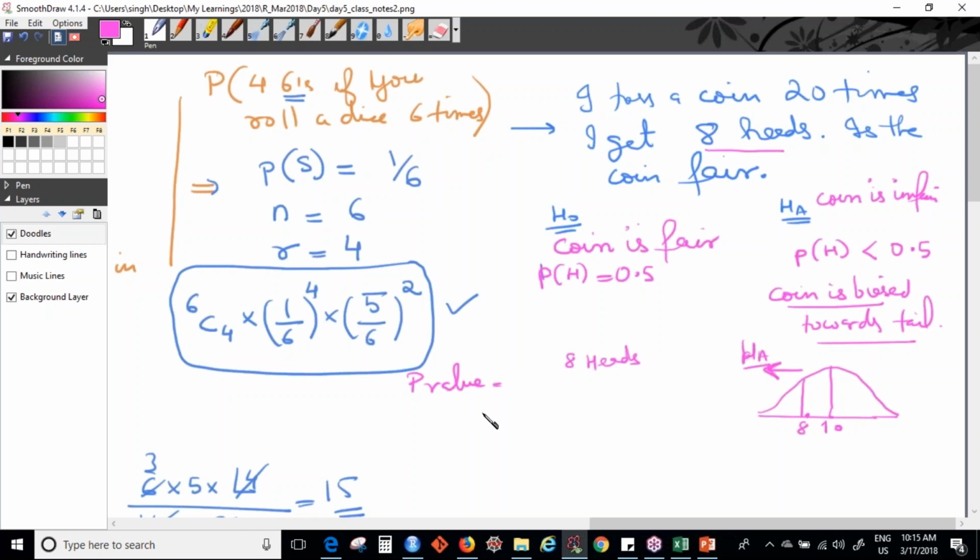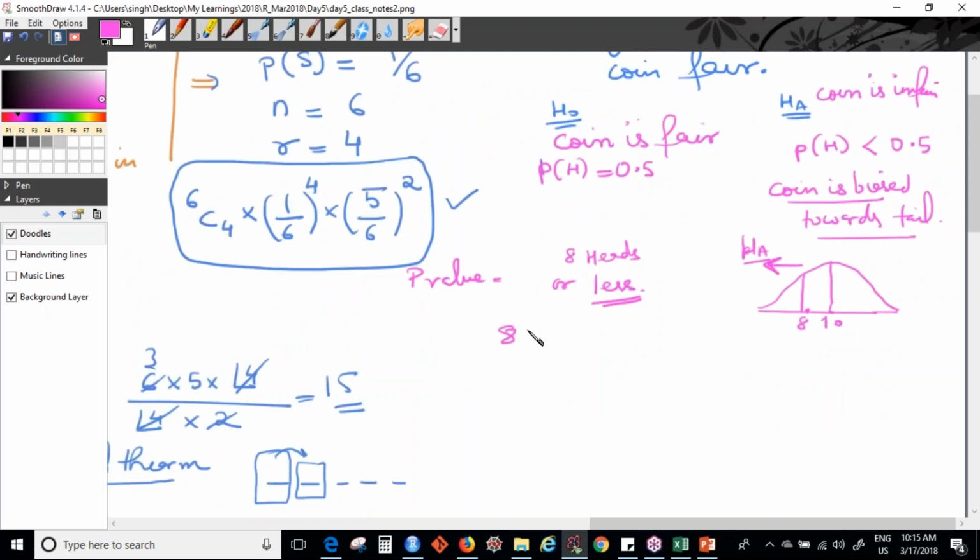So now we will try to find the probability of getting 8 heads or less. That means we will find the probability of 8 heads, 7 heads, 6 heads, all the way till 0 heads. So we can again use the pbinom function. pbinom, we will give 8, then we will give the total number, which is 20, then we will give the probability 0.5, and this time we want the left hand side area.